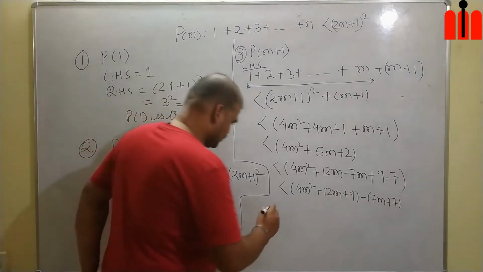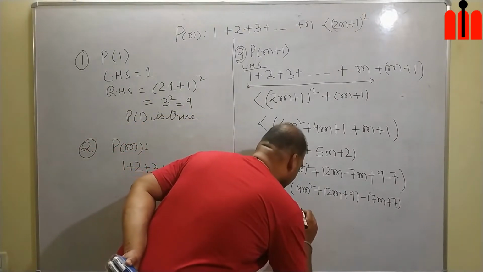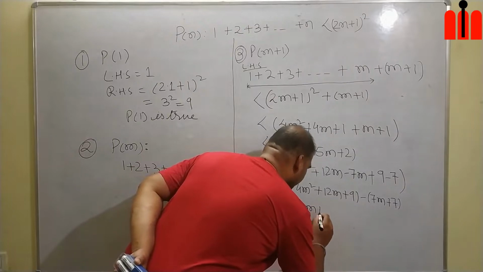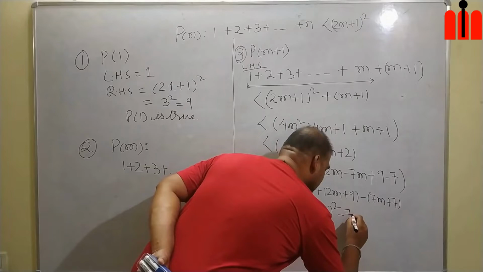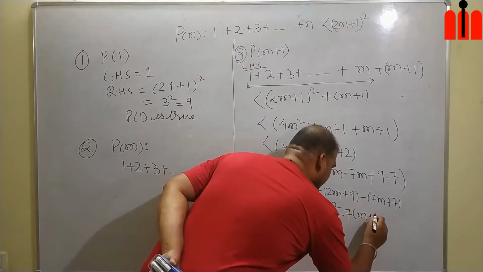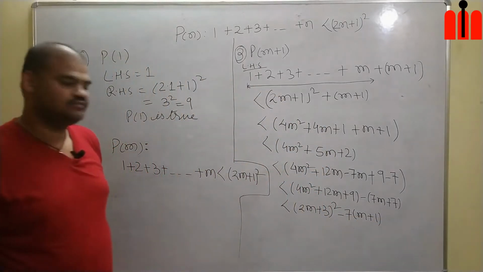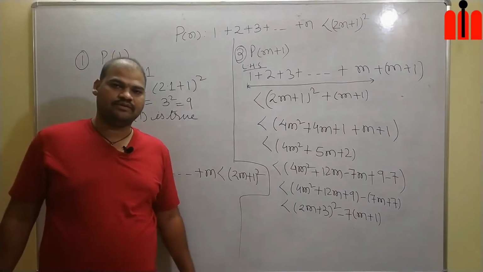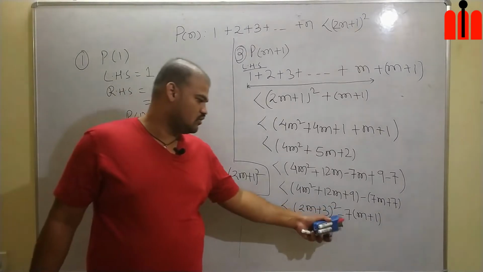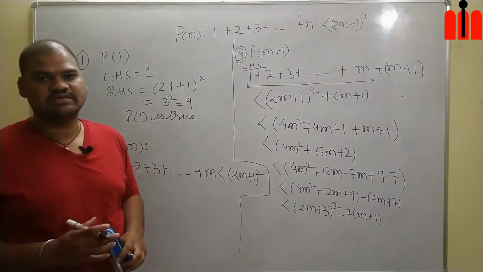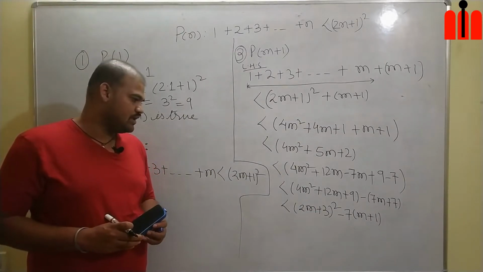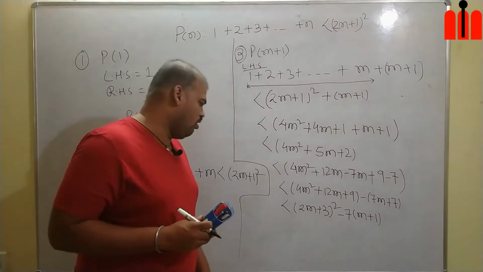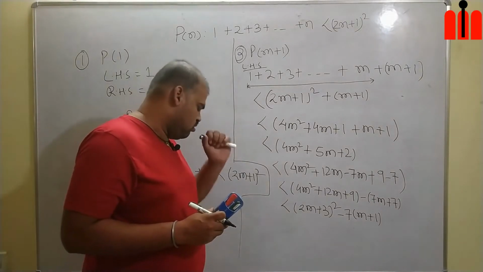Right? Now this will be (2m+3)² minus 7(m+1). Are you getting it? It will be (2m+3)² minus 7(m+1).